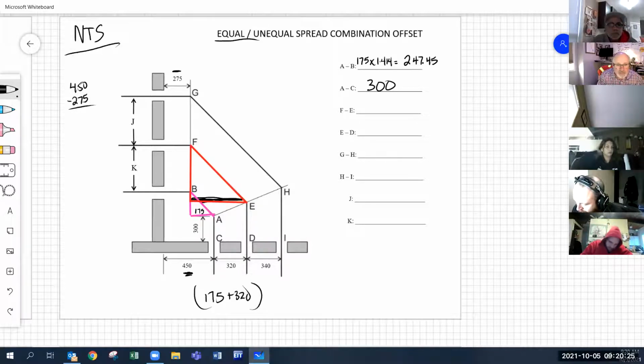And then I'll put a bracket and I'll times that by 1.414, and that will give me my F to E measurement. And F to E comes out to 699.93.